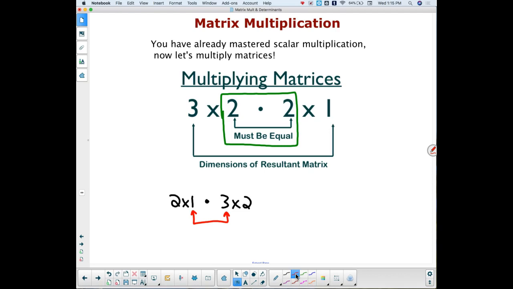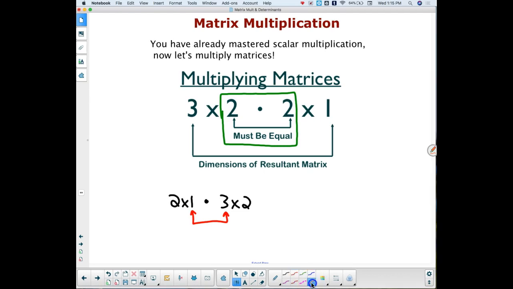I'll say that again. Order matters when you're multiplying matrices. The cool thing about setting up the dimensions like that is that these outer two numbers are the resultant dimensions. So this is going to produce a 3 by 1 matrix after I multiply it together.